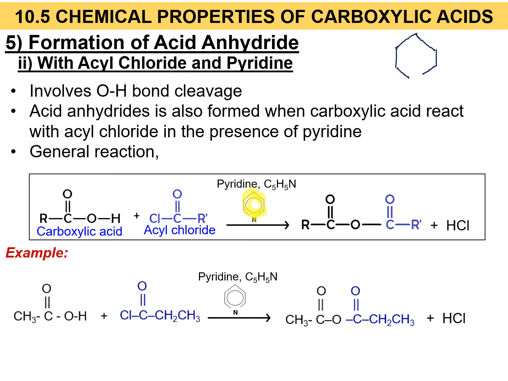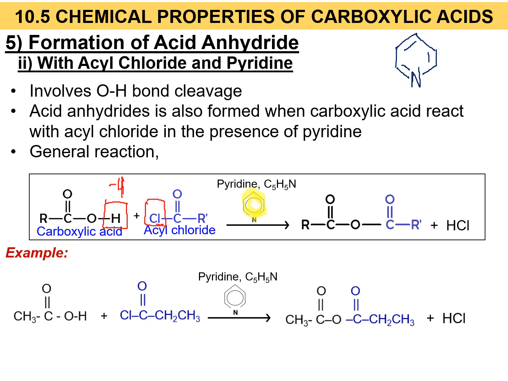Lepas tu letak N kat bawah tu. Okay, kalau you tak buat dalam benzene ring bulat, buat benzene ring macam ni, this is how pyridine looks like. This is something that you need to remember. So what happened here, if let's say you ada carboxylic acid, kita akan buat OH bond cleavage. Kiranya at your carboxylic acid, you will get rid of this hydrogen. Okay, while at the acyl chloride, you akan get rid of the Cl.